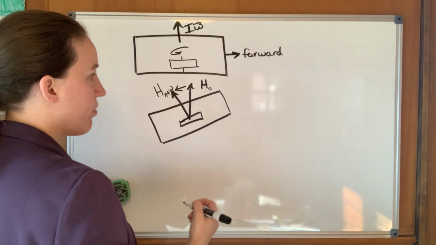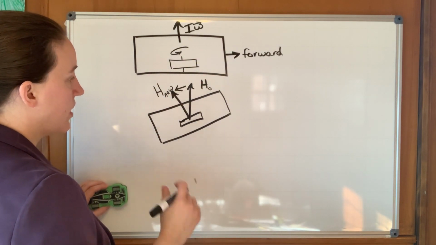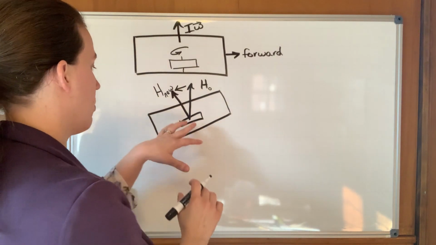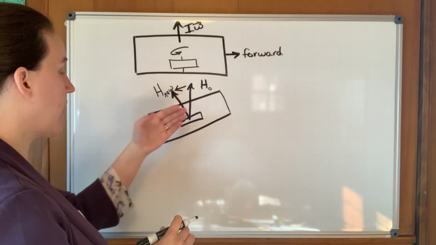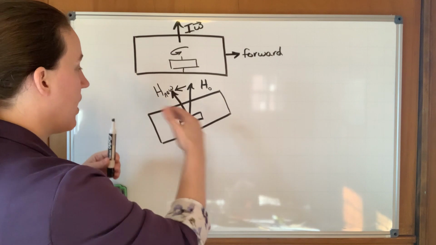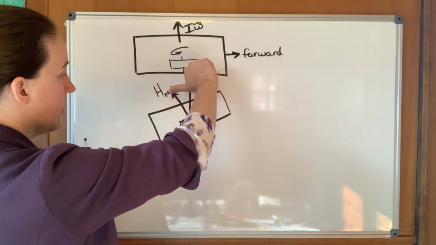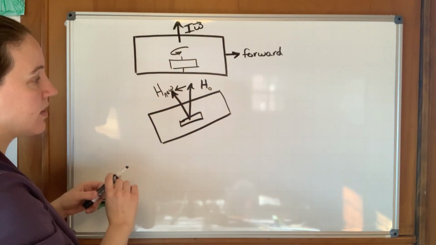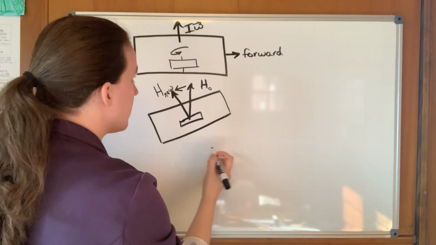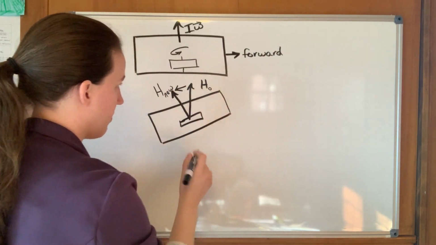So if we now think about that, then that means that the sum of the moments applied to the flywheel have to be in the change of momentum direction this way. So that means that the moment applied to the bus is going to be this way, the opposite of that.